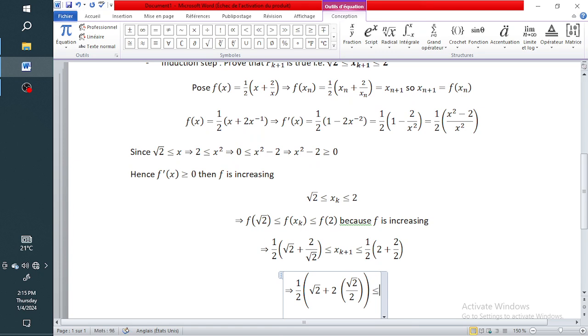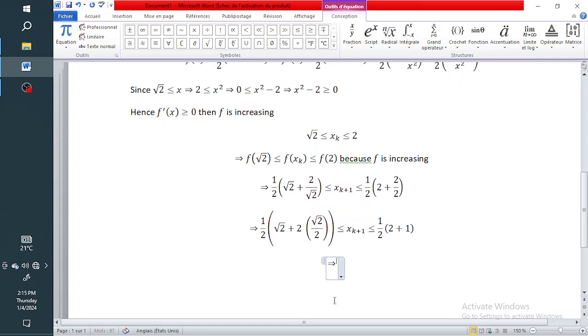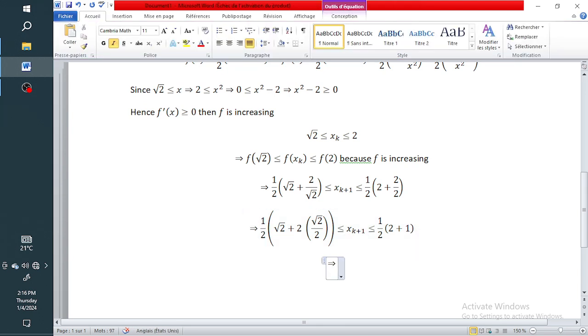Less than or equal to x of k plus 1, less than or equal to half into 2 plus 1. So what does this mean? If we simplify, 2 cancels with 2, and root 2 plus root 2 is 2 root 2, and when you multiply with half, you have half into 2 root 2 less than or equal to x of k plus 1 less than or equal to 1.5, that is 3 divided by 2.